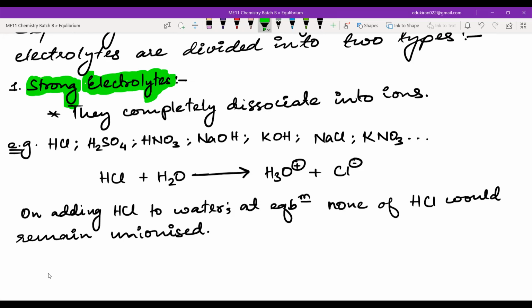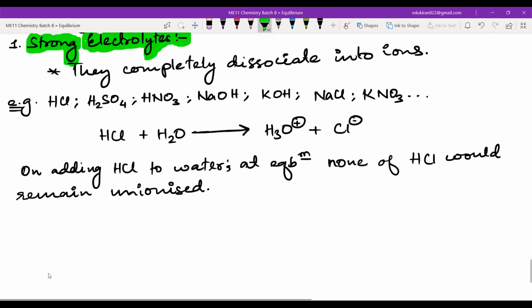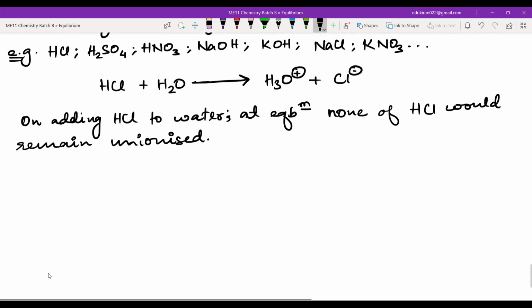Next is weak electrolyte. Weak electrolytes. You can see here that the extent of dissociation is small.